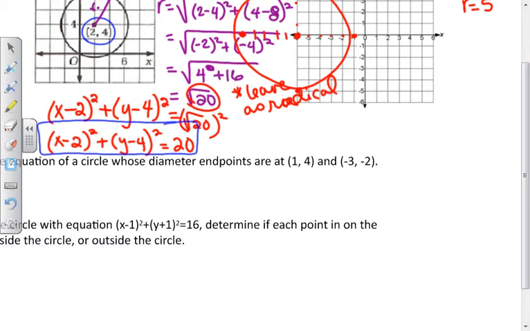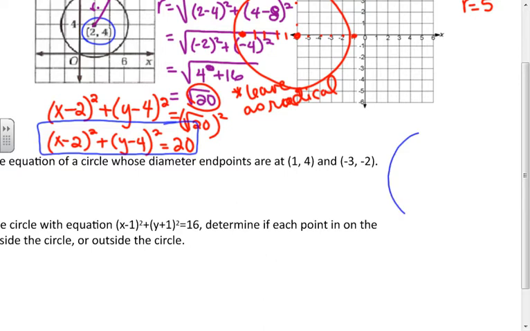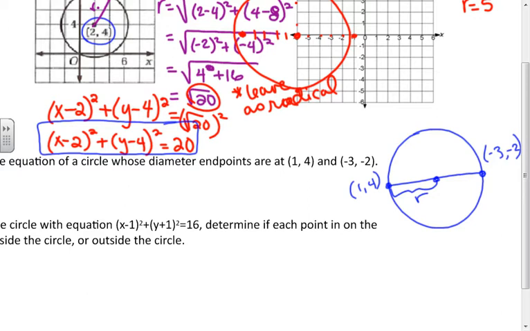Now this example is interesting because it doesn't look like we have enough information at all. So if we think about a circle that has diameter endpoints of (1, 4) and (negative 3, negative 2), we need to find the center and the length of a radius. So, a couple of steps.